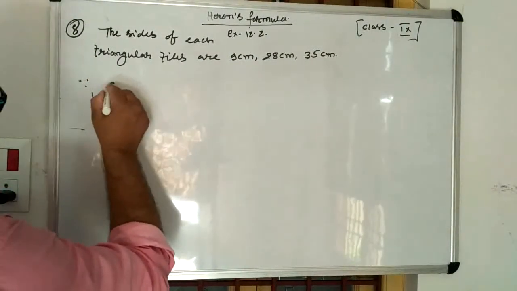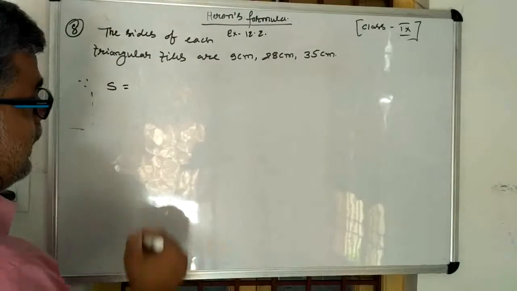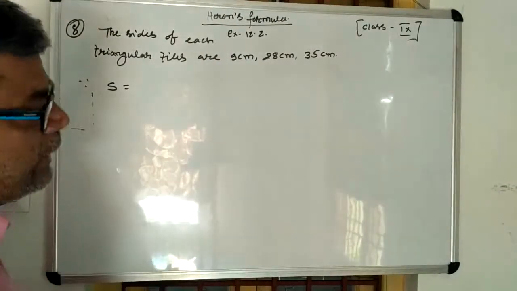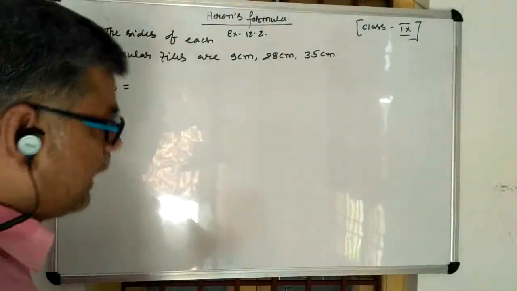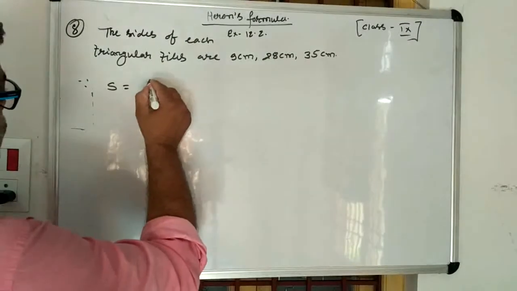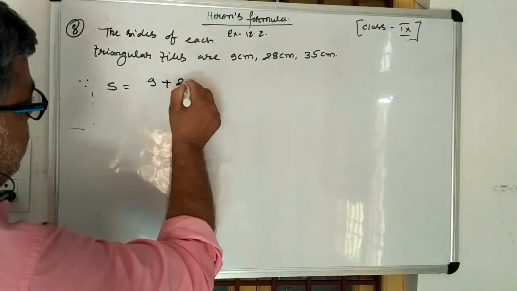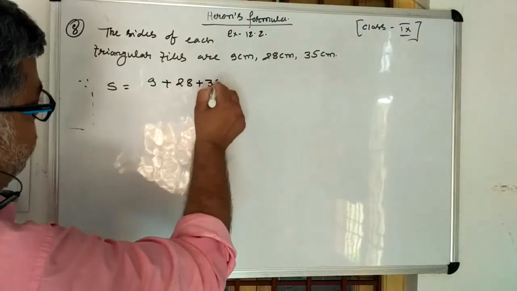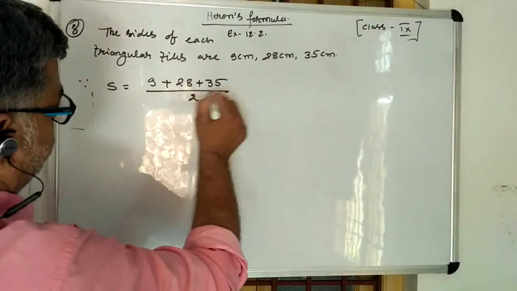So first you calculate S, which equals the sum of all three sides of the triangle divided by 2. So it will be (9 plus 28 plus 35) by 2.